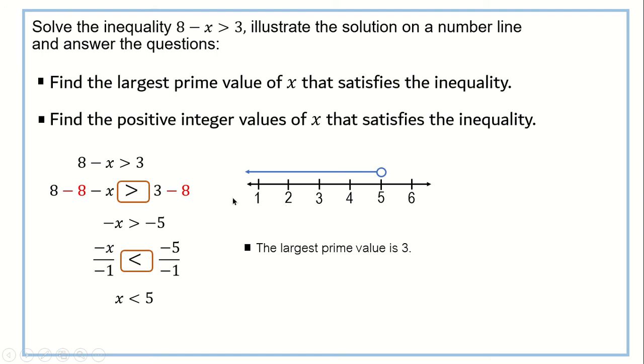We cannot say 0. 0 is not positive or negative. So we say that the positive integers are 1, 2, 3, and 4. These are the positive integer values of x that satisfies the inequality.